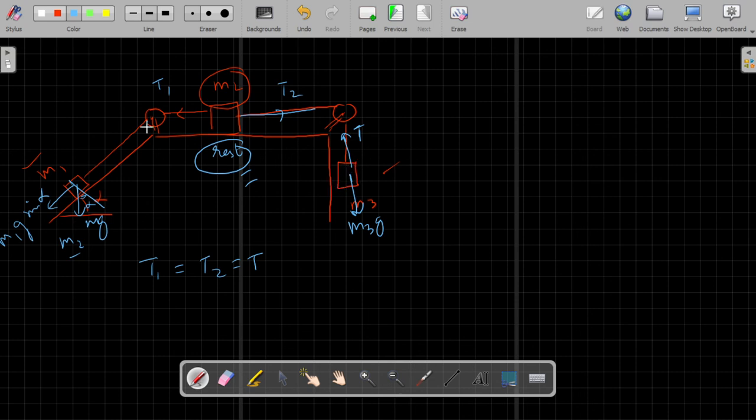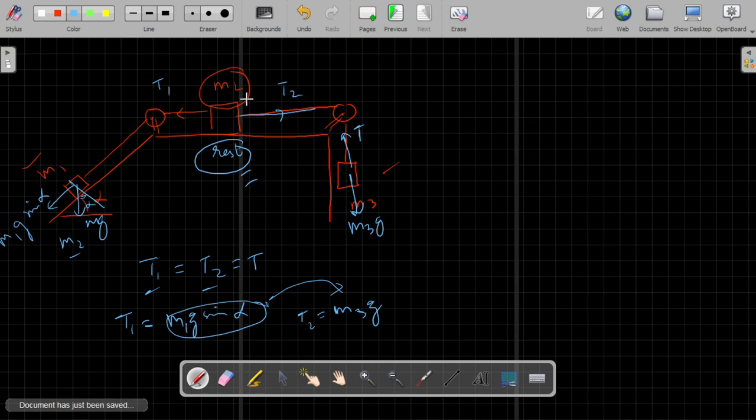We know these two components must balance out, and since m2 is not playing any role, for m1 to remain at rest, T1 is equal to m1g sine alpha, and for m3 to remain at rest, T2 should be equal to m3g, but both of them are equal. So we can easily say that m1g sine alpha should be equal to m3g for the system to remain at rest, and there is no play of m2 in determining that condition.